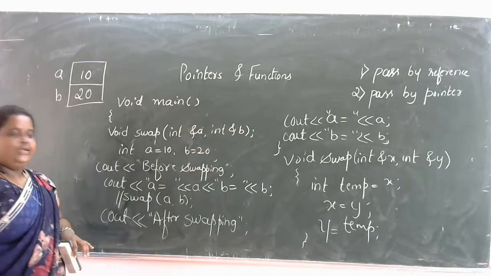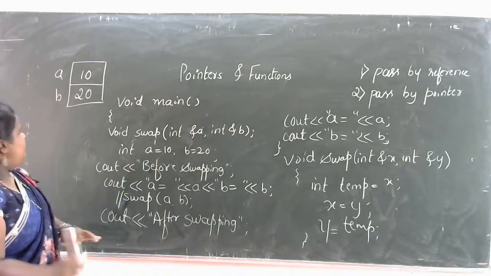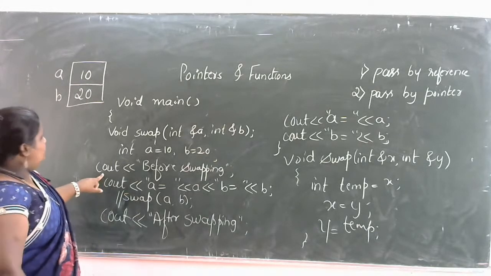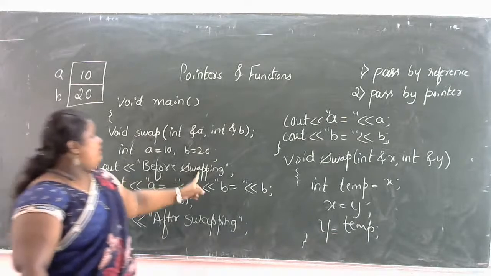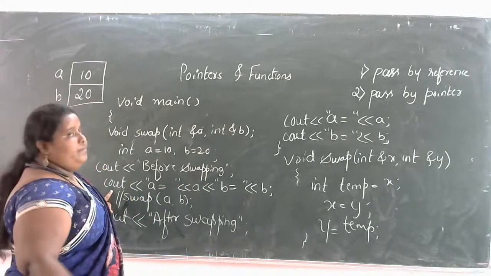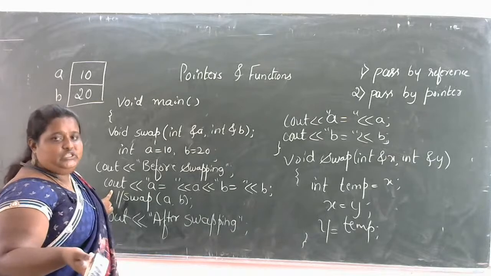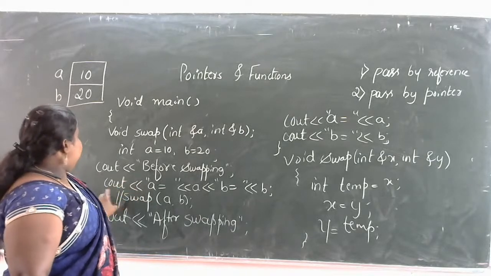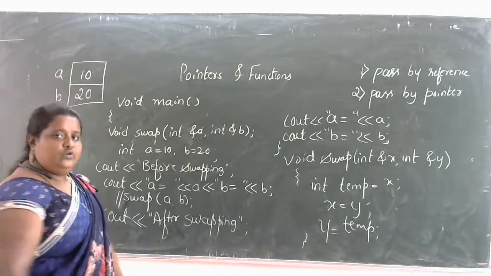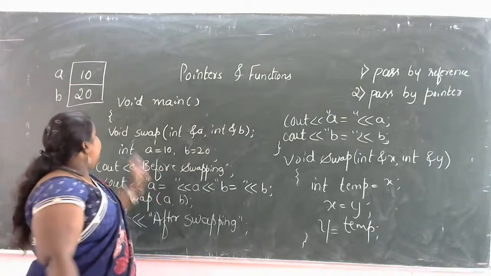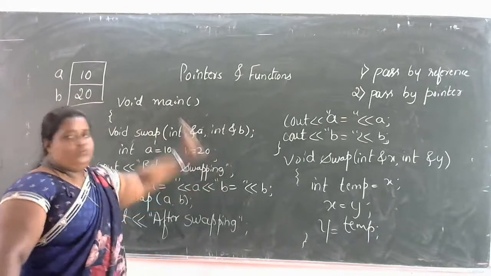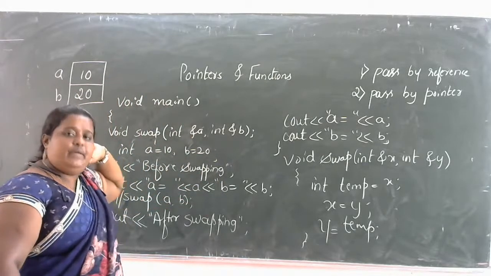Next you have a cout statement, before swapping, displaying the values of a and b. The value of a is 10, b is 20 before swapping.